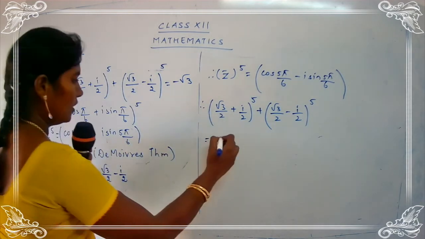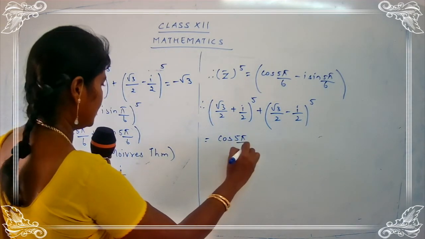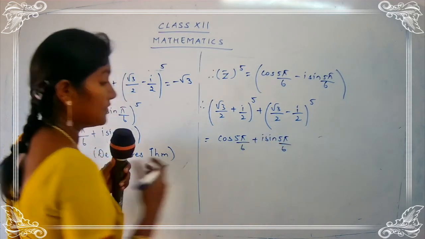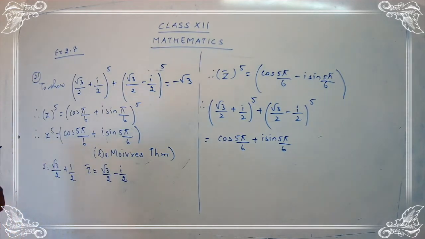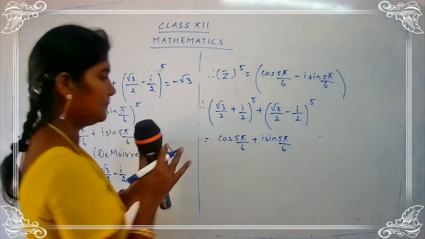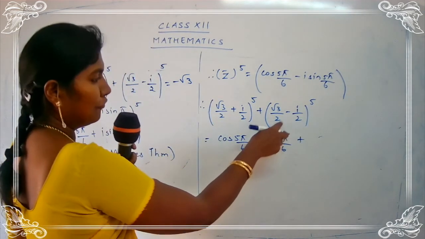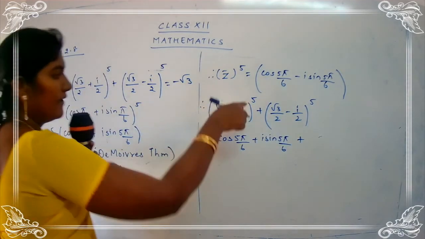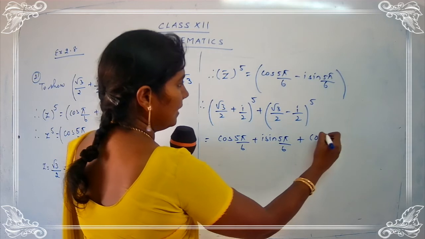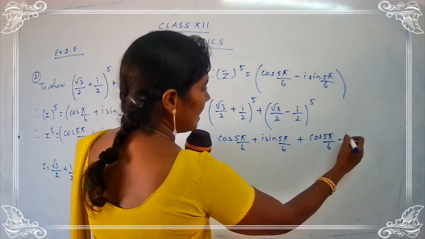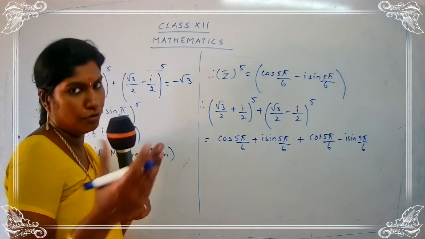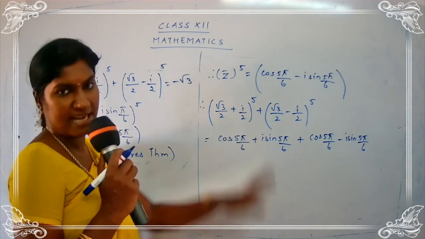This is the answer: cos 5 pi by 6 plus i sin 5 pi by 6. Okay, plus. The main sign is plus. And you substitute the value for (root 3 by 2 minus i by 2), that is z bar, okay, children? So put the value: cos 5 pi by 6 minus i sin 5 pi by 6. That's all. When we have a plus sign, no need to worry about the sign. We can just take the sign as it is.